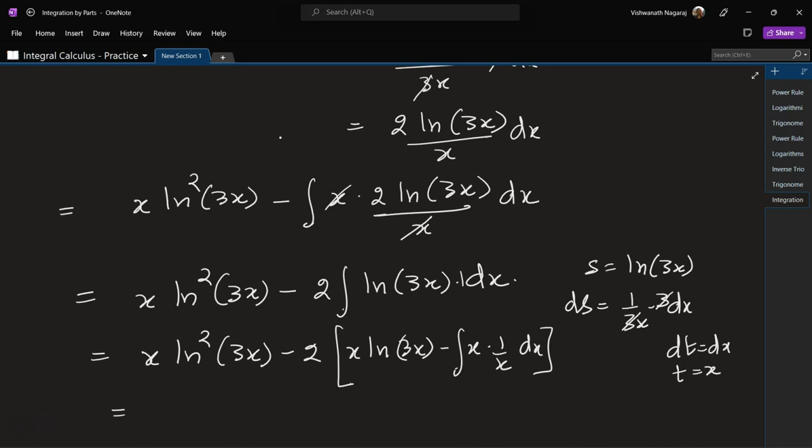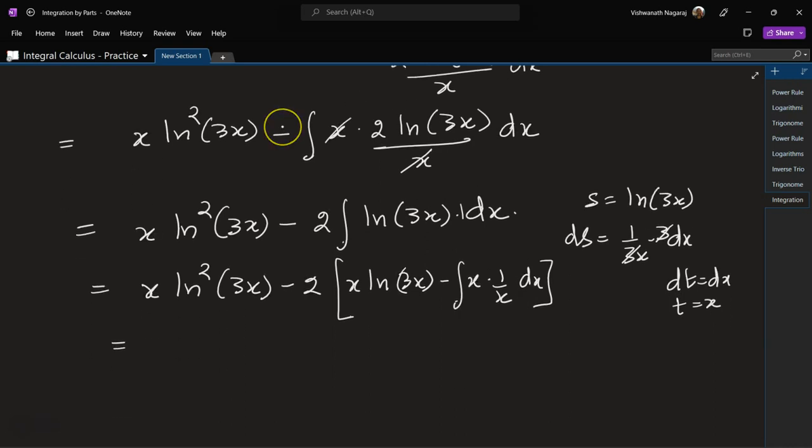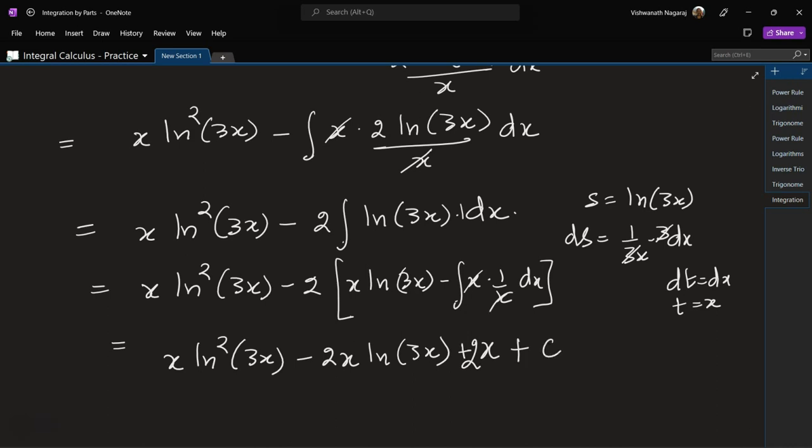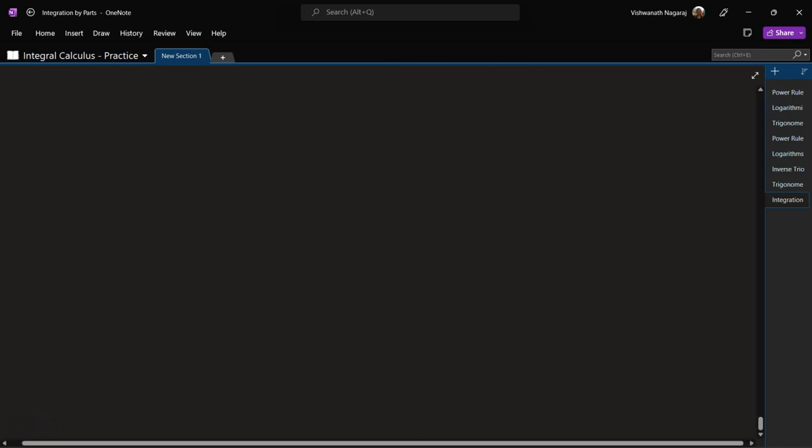And now let's simplify. x natural log square of 3x minus 2x natural log of 3x minus x cancels, integral of dx is x, right? But 2 is also there, so minus 2x, but minus and minus will make this plus, so plus 2x plus c.